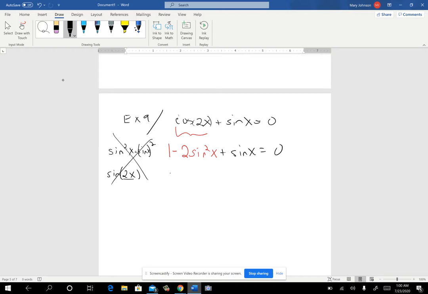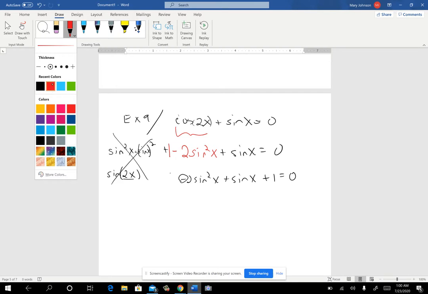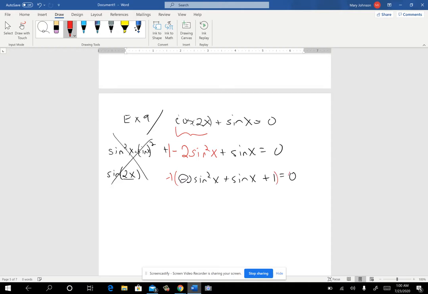All right, so now at this point, let me put my squared term first, then have my sine x, then have my 1. I'm taking the sign in front of each of those terms, you notice. But I do not like to factor when this is negative. So I personally will multiply by -1 on both sides, because then I'll have positive 2 sine squared x minus sine x minus 1 equal to 0.